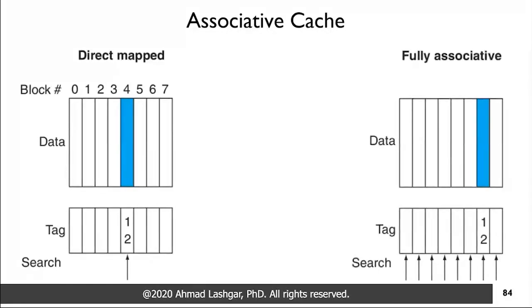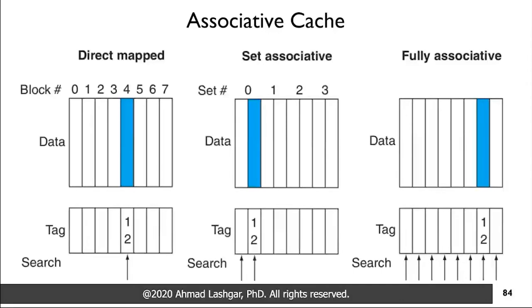In a fully associative cache, the block may be in any location in the cache. Searching this cache requires n comparisons, where n is the size of the cache. While this completely removes cache contention, the chance of two blocks being mapped to the same cache location, it is super expensive for the hardware to implement for large caches.